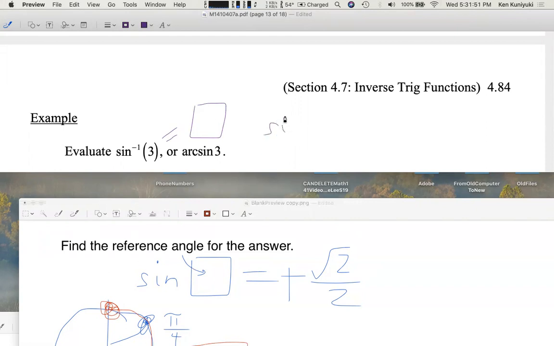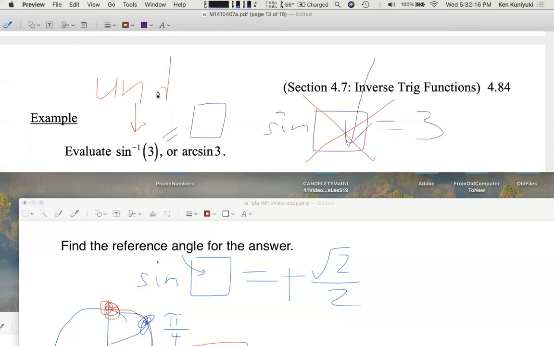The sine of what equals 3? Is any real radian measure going to work in this box? The answer is no. Inverse sine of 3 is undefined, or at least it's not real. Actually, imaginary numbers may work, but we're going to keep it real. This thing is undefined. It's not real as far as we're concerned.